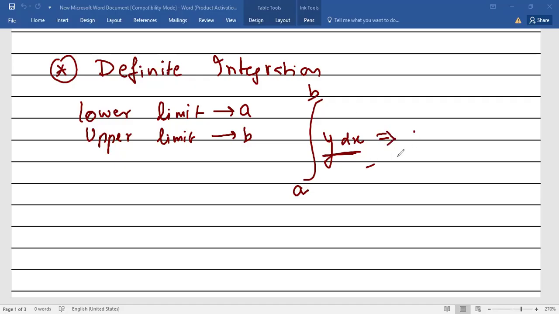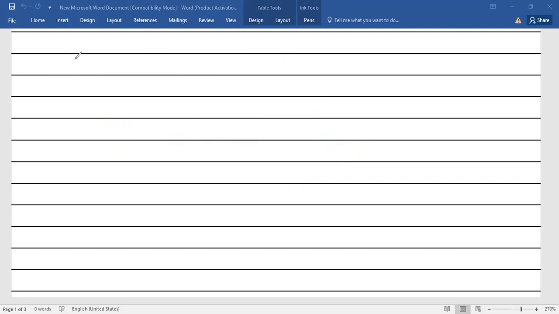To make this understood, let us take one example. Let us see if we have been given integration of x dx. So this is indefinite integration, and here we will write down the definite integration. Let's say we have 0 to 2 and again x dx.